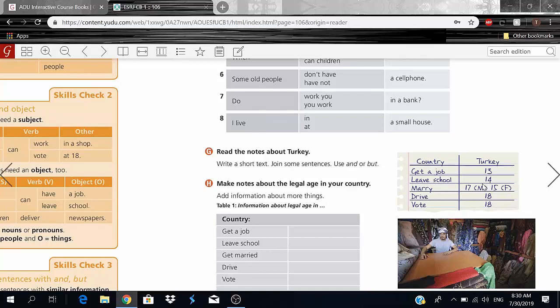They can marry at 17 years of age for males and 15 for females, and wow, that is really, really early. So you're telling me they can drive at 18, but they can get married at 15? That's insane. Not my topic, but just whatever. So marry, 17 for males and 15 for females. Teenagers can drive when they turn 18, and they can vote when they turn 18 as well.